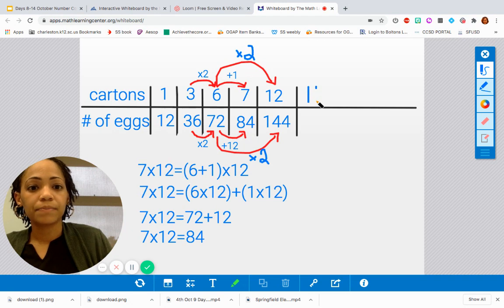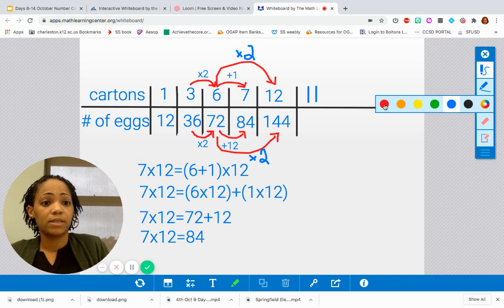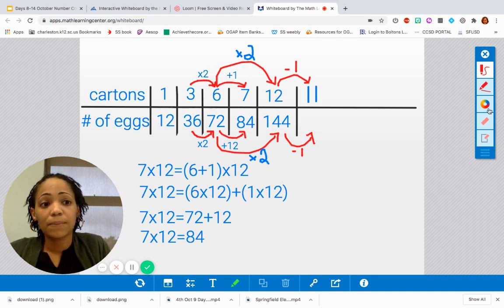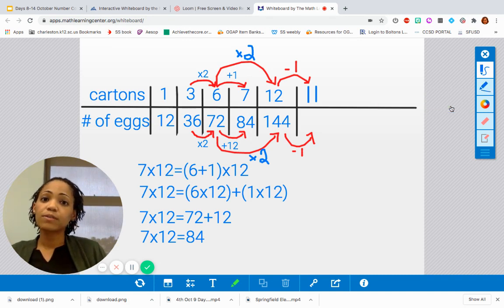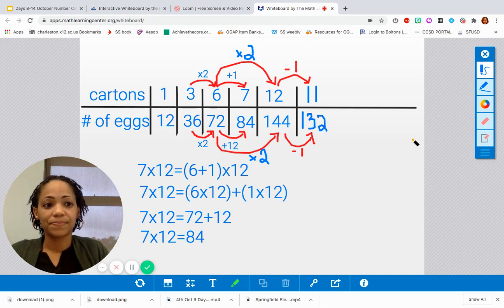So I have 11 here. If I'm taking away a carton, instead of having 12, I am essentially subtracting a carton. And we know one carton has 12, so I need to subtract 12 from my total number of eggs, which would give me 144 minus 12, minus 10 is 134, minus 2 more is 132. Now I have 132 eggs.